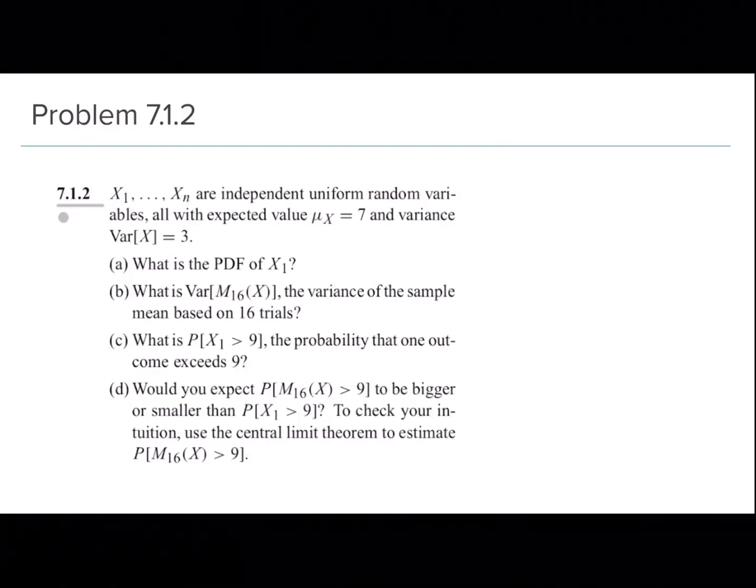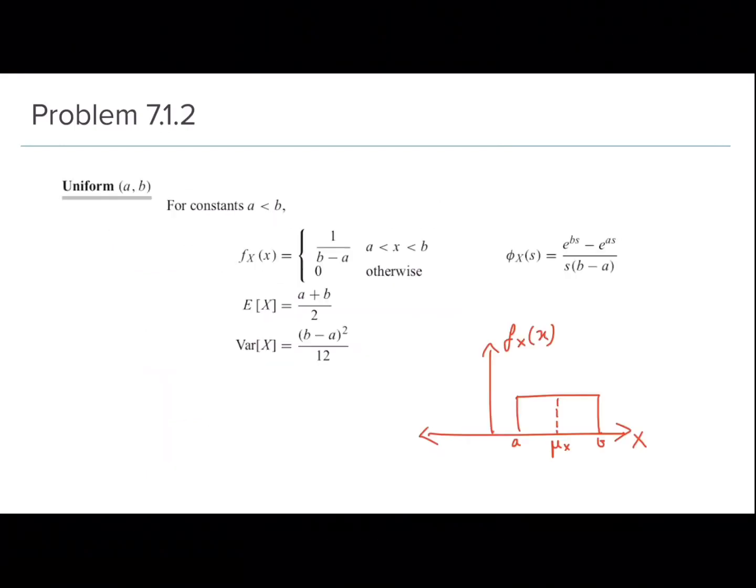So first, let's revisit what a uniform random variable is. A uniform random variable with the parameters a, b, where a is less than b, has the PDF fX of x equal to 1 over b minus a for x greater than a and x less than b.